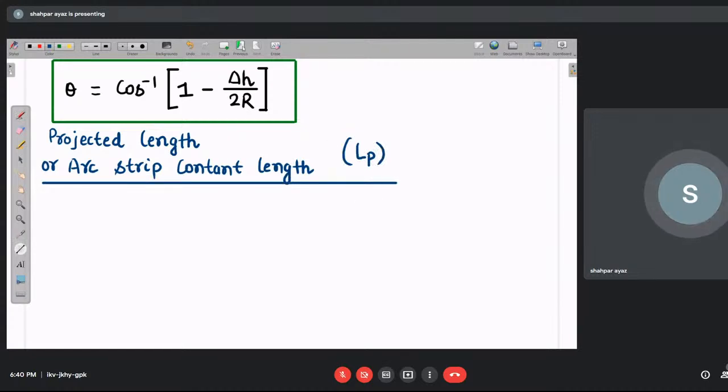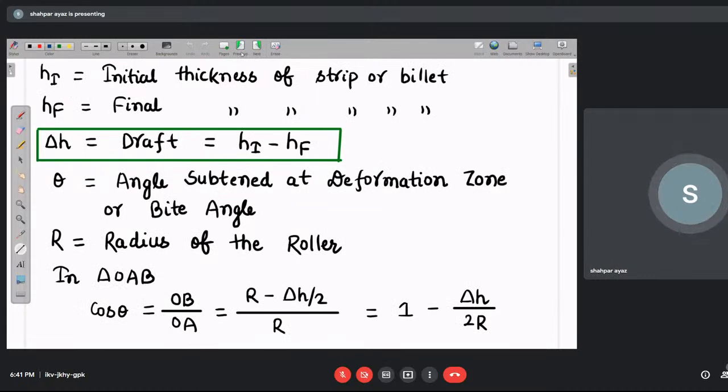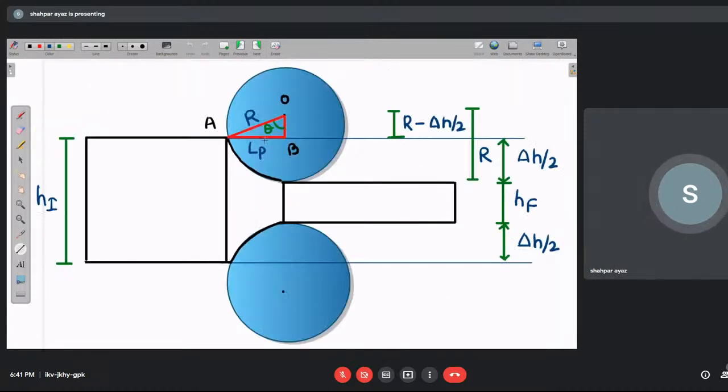Arc strip contact length, how can we calculate it? This is the LP.